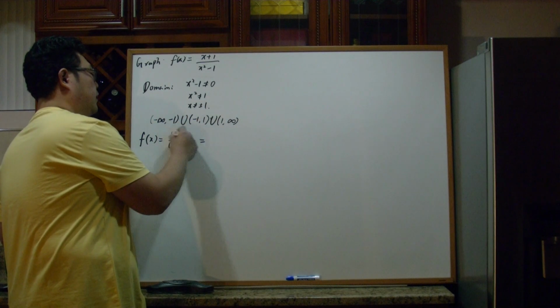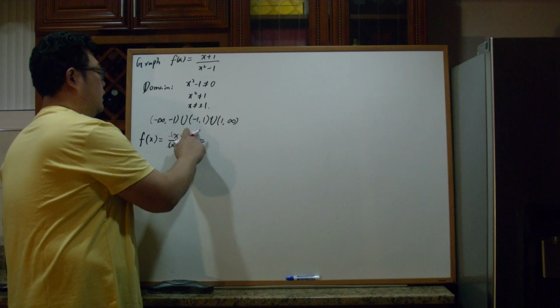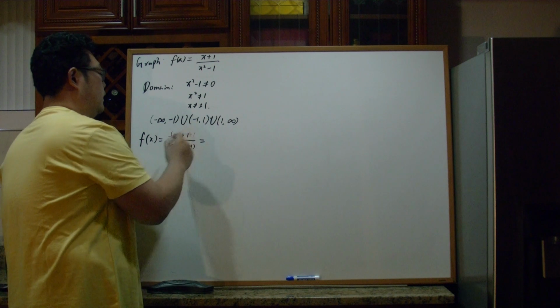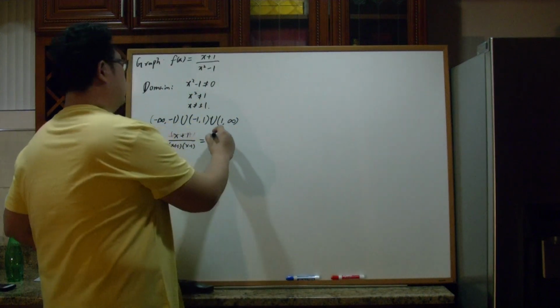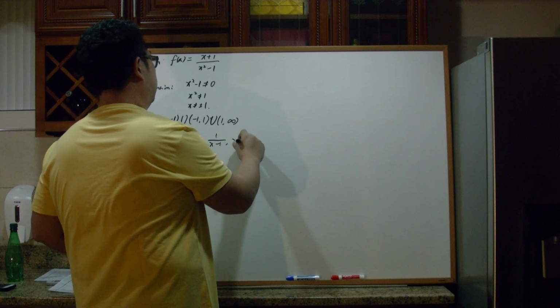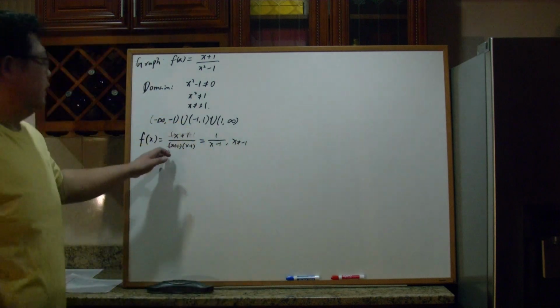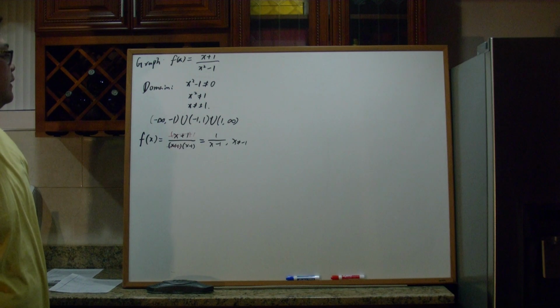The top has the term x plus 1, the bottom has the term x plus 1. We'll have 1 left over, so the expression is the same as 1 over x minus 1. The extra condition is x cannot be negative 1, as was originally in the denominator.